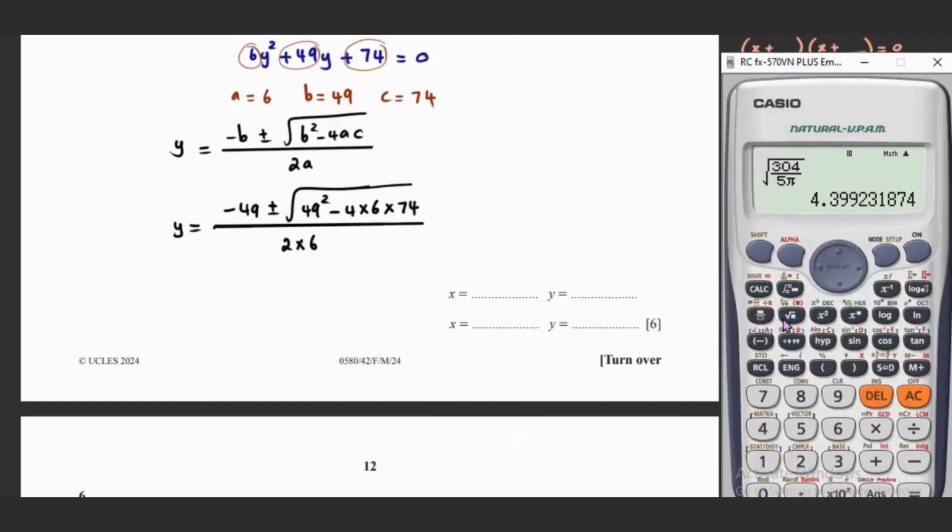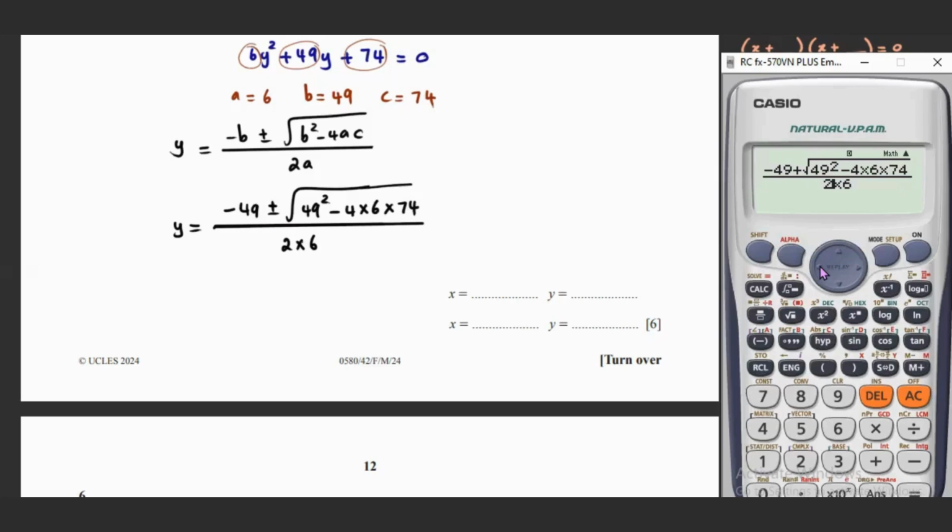In the calculator, I have minus 49, and then I have this plus sign, so I'll put the plus first. Square root of 49 squared minus 4 times 6 times 74, divided by 2 times 6. When I do this, I get negative 2. So that is one value for y. To find the other value for y, after minus 49, I need to put a minus.